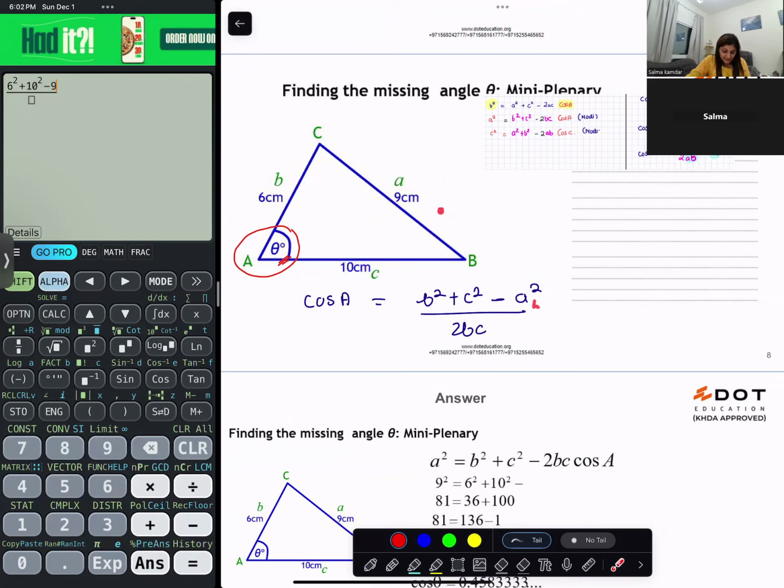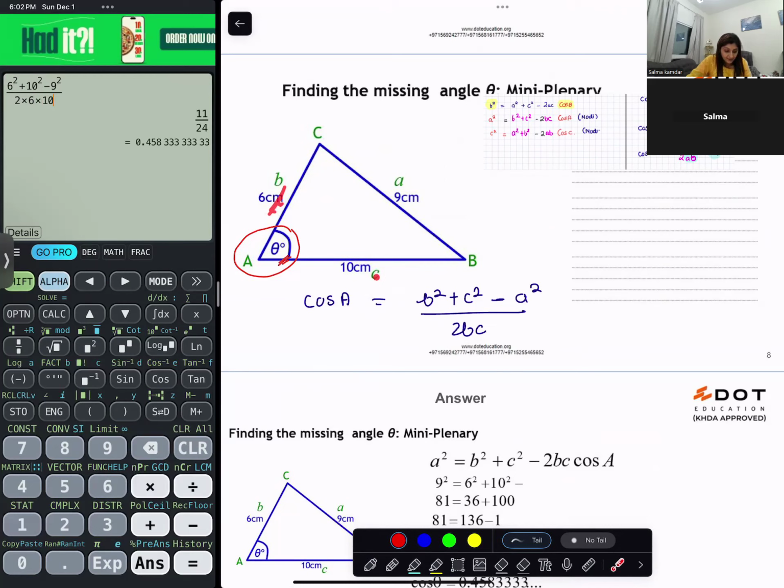What is A square? 9 square, divided by 2BC, that is 2 into 6 into 10.